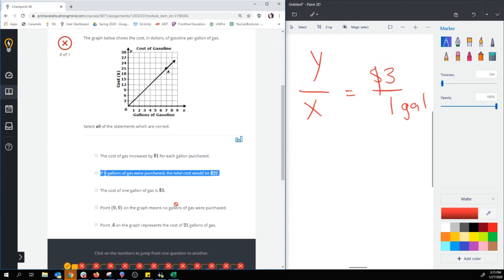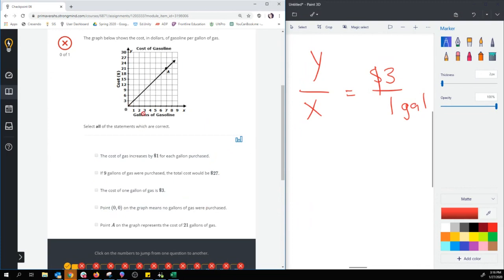And then what about the one underneath it that says the cost of 1 gallon of gas is $3? That one true or false? Yes, that one is also true. So far these two are true. The next one says 0,0 on the graph means no gallons of gas were purchased.